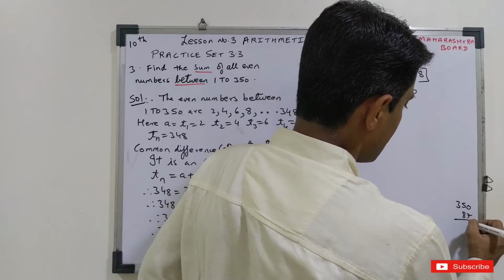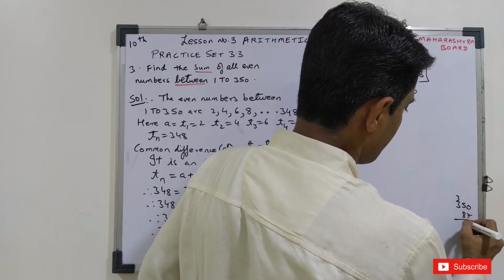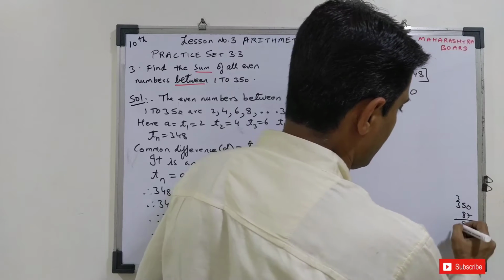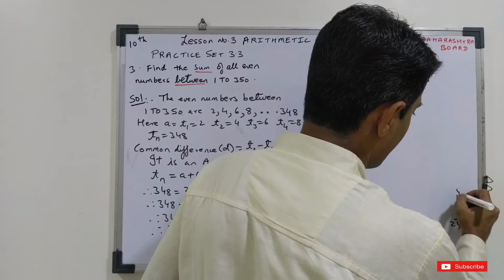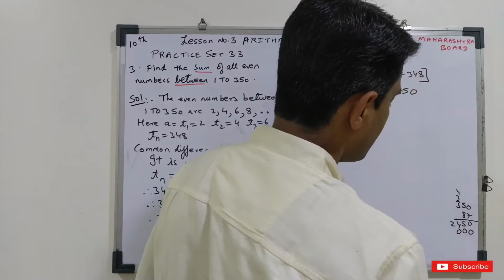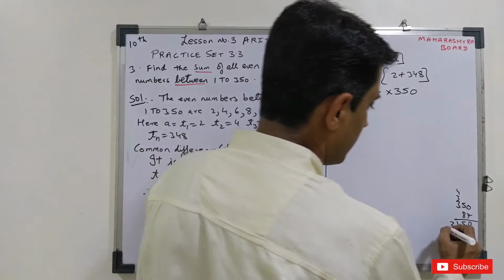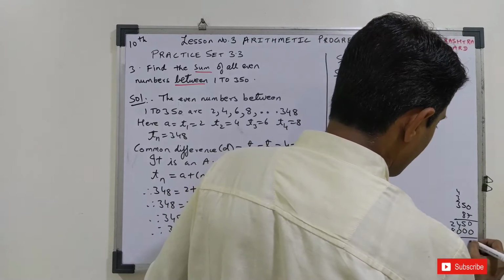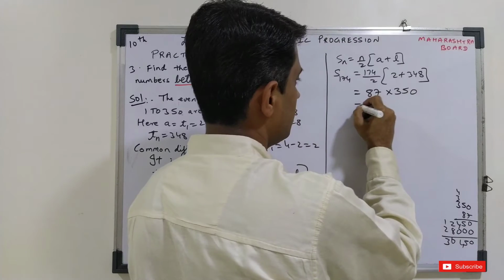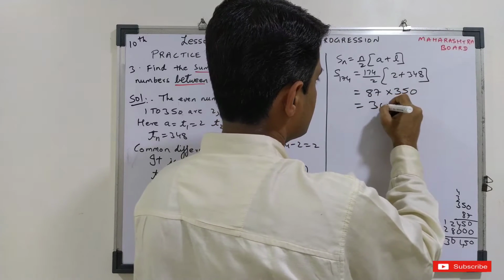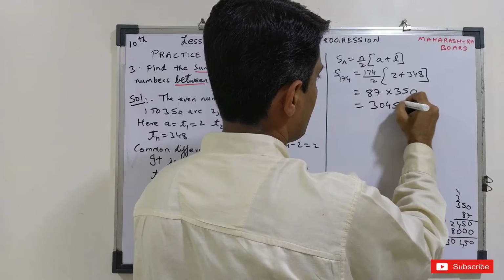Okay, 7 zeros are 0, 7 5s are 35, 7 3s are 21, 24. 8 zeros are 0, 8 5s are 40. 8 3s are 24, 28. So what is the answer? 30450.